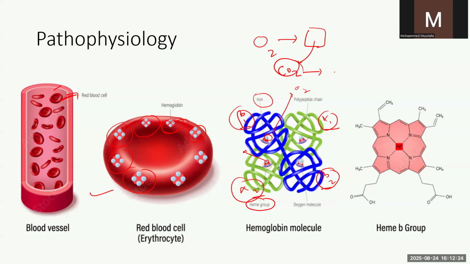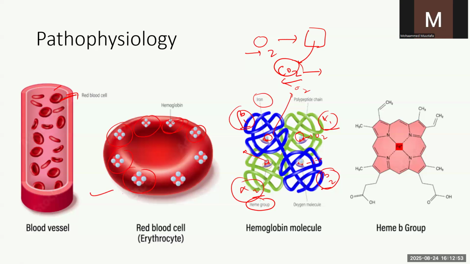Inspiration is the intake of oxygen, and expiration is expelling the carbon dioxide. So gas exchange occurs in these globins. You can see here the sky blue color is oxygen, below that the red color is iron, and here is the heme group. This is how hemoglobin is structured.